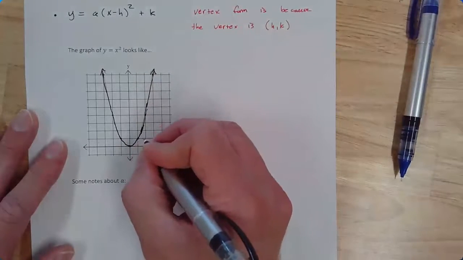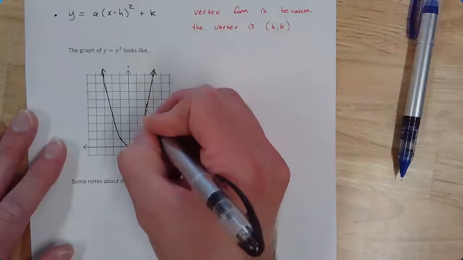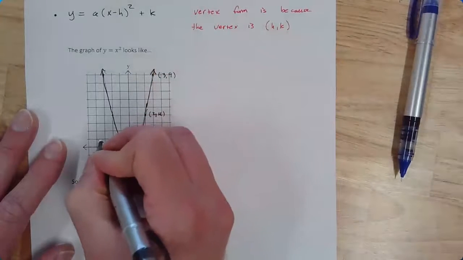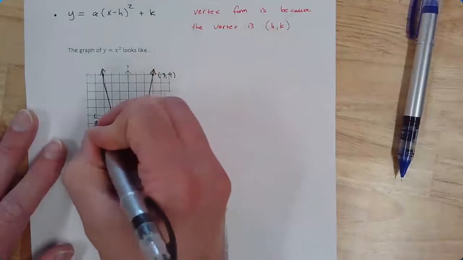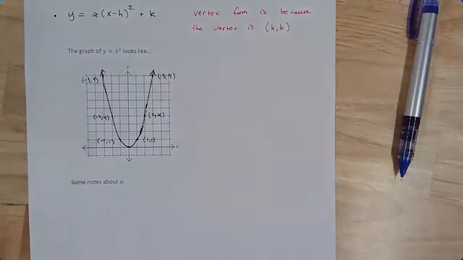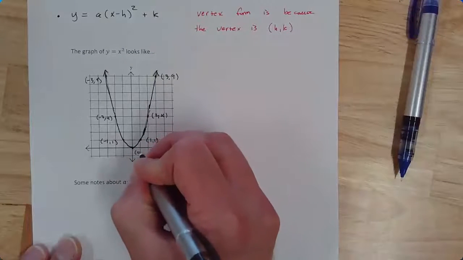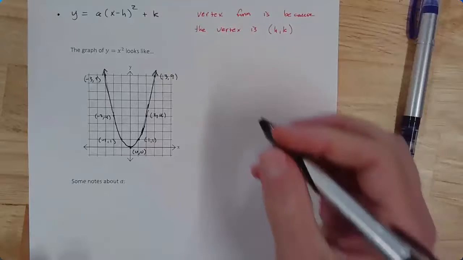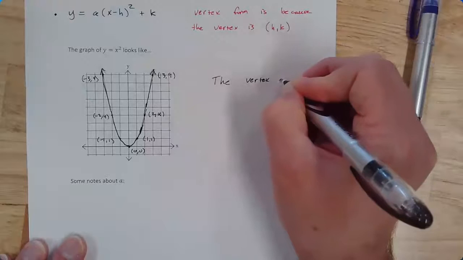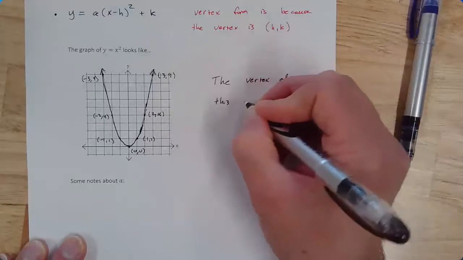We often think about plotting some points like 1, 1, and 2, 4, and 3, 9, and -1, 1, and -2, 4, and -3, 9. I don't usually plot all those points. I just draw the parabola, but we will talk about what we want to draw. The origin is also there, and the vertex of this parabola is the origin.